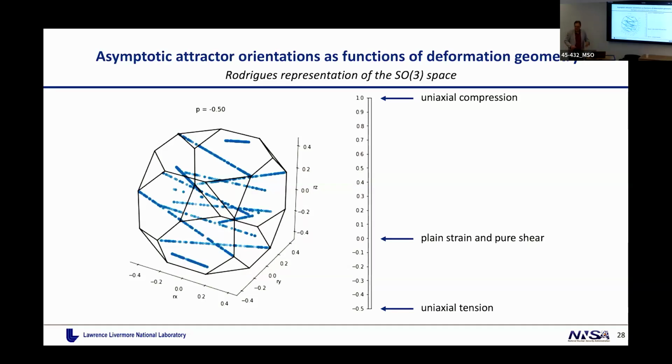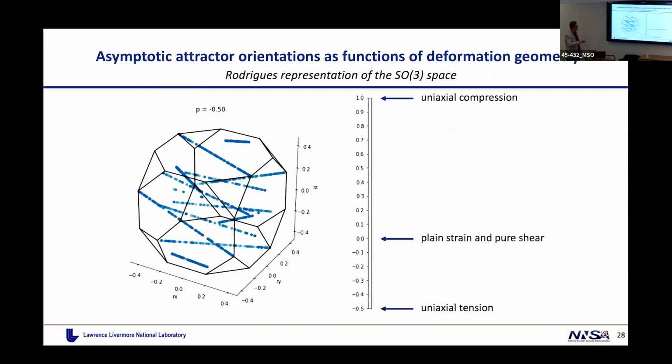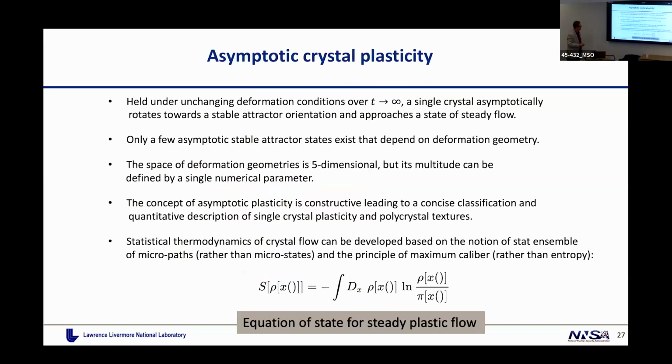This was simulated with some run-of-the-mill crystal plasticity model. But we checked these behaviors with various other models, and it's pretty universal. Much of this behavior is actually symmetry related. That particular one was FCC. Okay, so going back, sorry, one slide.